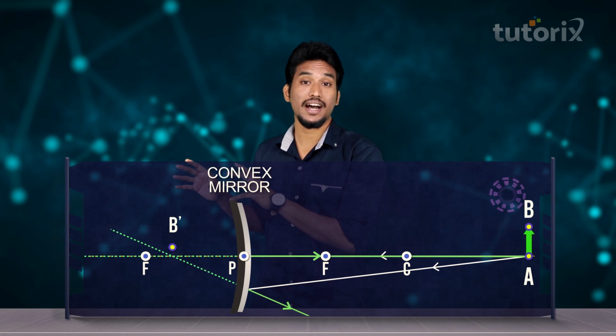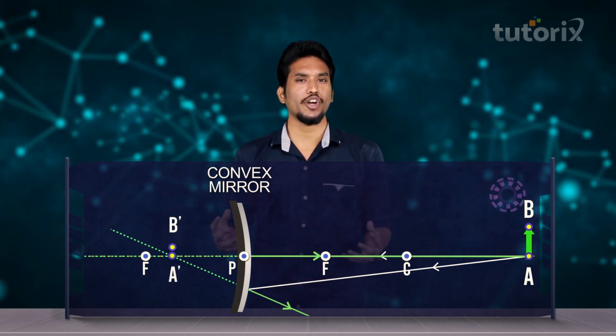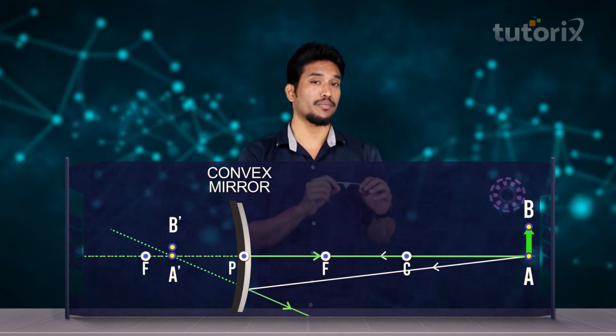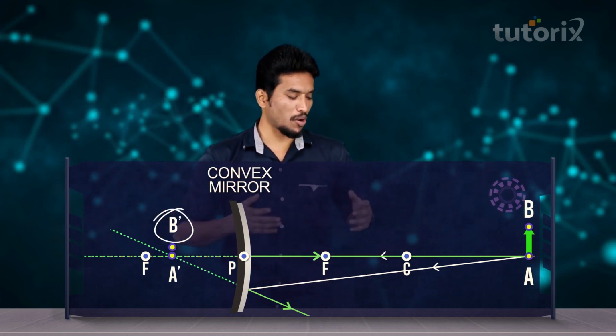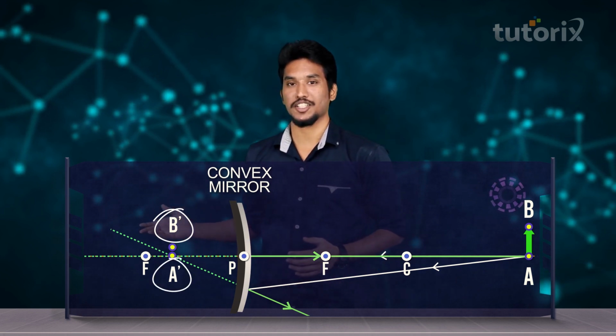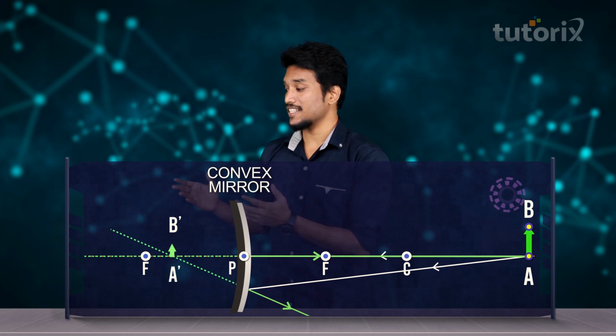So this is the image of the point A. Let's just join these two points. That is the image formed by the point object B, that is B dash, and the image formed by the point object A, that is A dash. So we have an image of the linear object AB as A dash B dash.